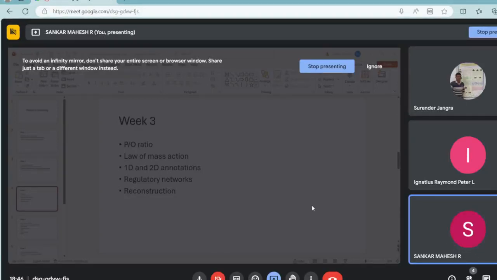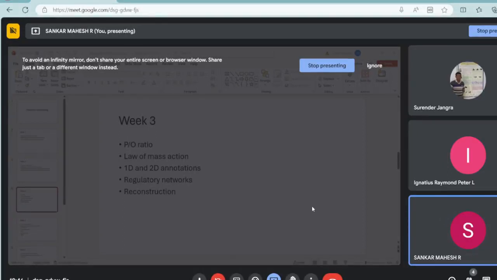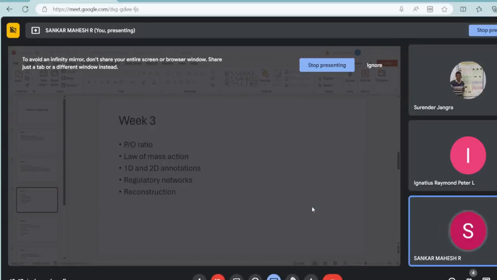Further moving on, the different kinds of annotations that are generally used while working with metabolic networks was introduced. So 1D annotation is where sequence analysis is performed to locate ORFs and to assign function to the specific gene products. 2D annotation means that, independent of assigning the function to the gene, we also have to identify interaction between genes.